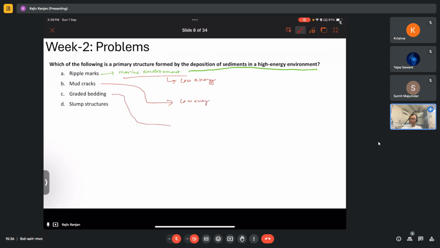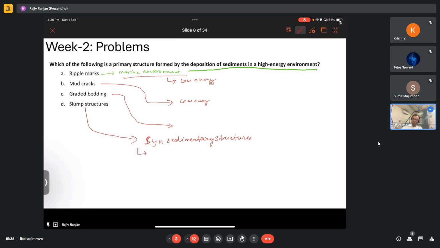Graded bedding, I will come to later. So what is slump structure? It's related to soft sedimentary structures. What happens during soft sedimentary deformation?